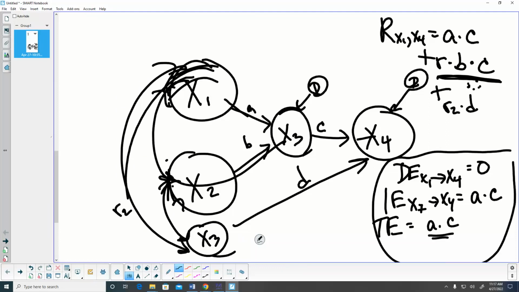Is there any instance where we would need to go through the same arrow twice? You can't really, they're not supposed to go through the same arrow twice.